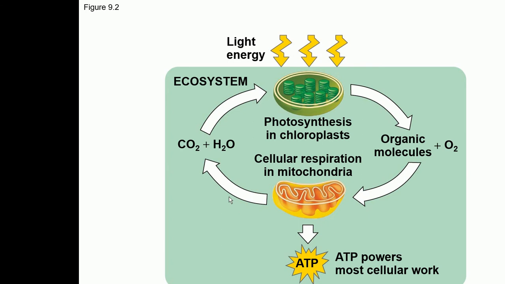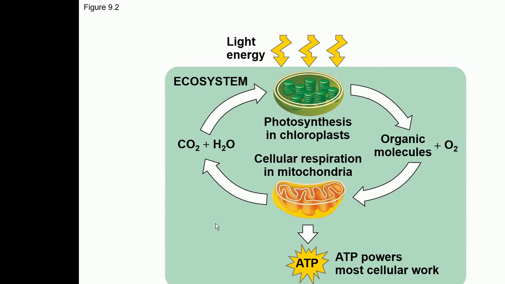In this process of cellular respiration, carbon dioxide and water are formed. So by cellular respiration, which takes place in the mitochondria, ATP is produced, and carbon dioxide and water are the byproducts.